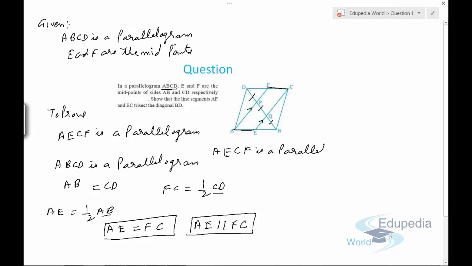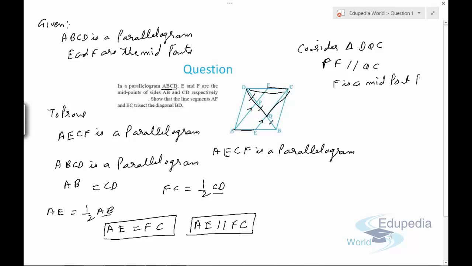Now consider triangle DQC. In this triangle we know that PF is parallel to QC. Why? Because AECF is a parallelogram and F is a midpoint, it's given.